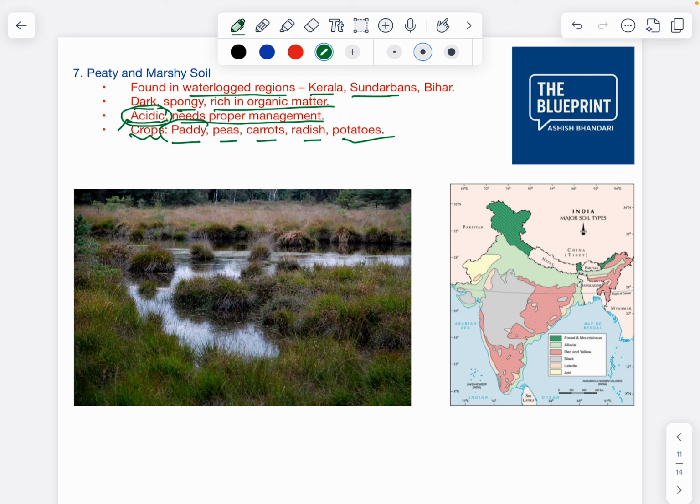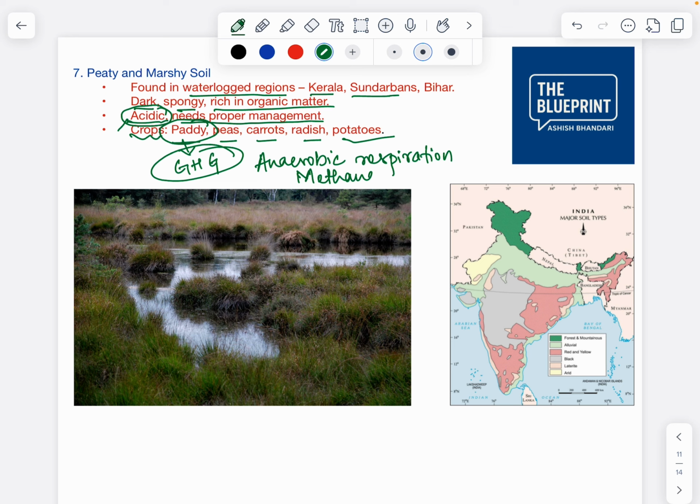That's why we see paddy is one of the greatest contributors of greenhouse gas, because it releases methane because of the anaerobic respiration. The release of methane also causes the soil to acidify. Methane. So this you have to know.